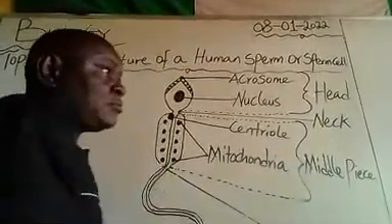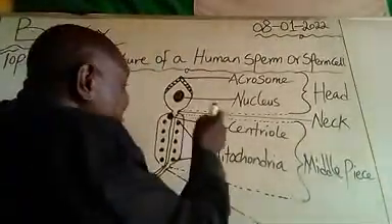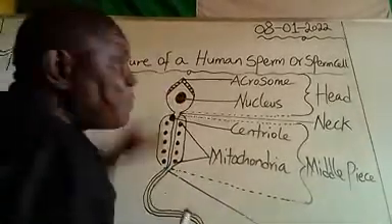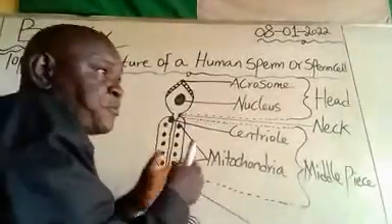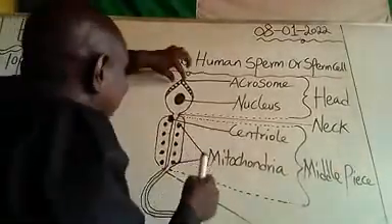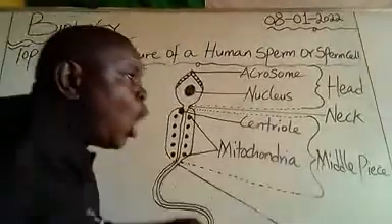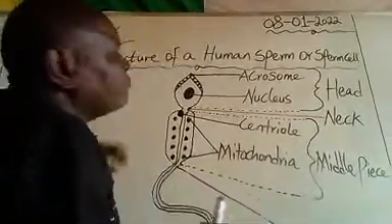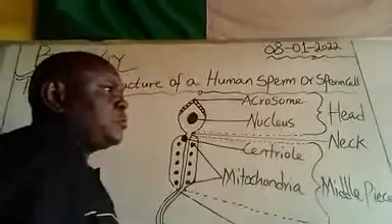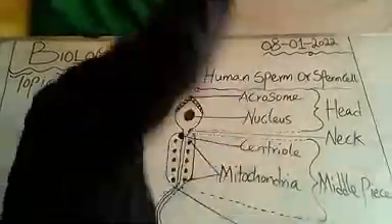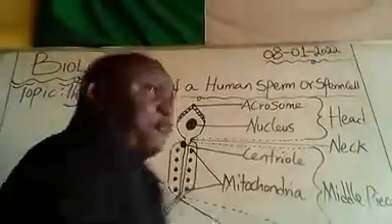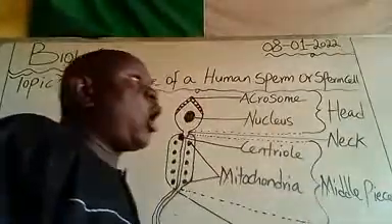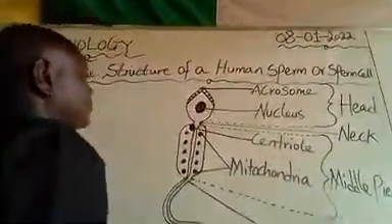Those enzymes or agents in the acrosome help in facilitating the penetration of the sperm into the egg. And fertilization takes place in the fallopian tube or oviduct.